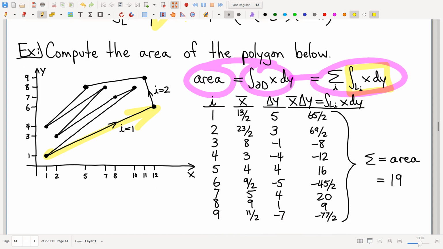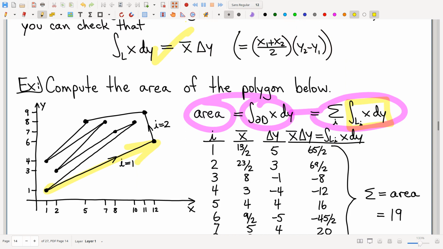So this has 9 separate pieces here. I would have to go across all 9 little line segments making up that boundary. For each one, I use, again, this formula to compute the line integral. Add them all up. That gives me the total boundary line integral, namely the area.